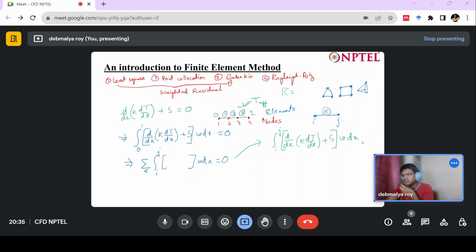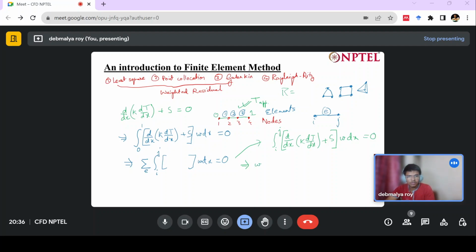Next we have to choose a trial function. First let us convert this into the weak form. Then we can choose the trial functions to arrange everything. So when we are converting this into the weak form, this is equal to 0, so we will have the boundary term.